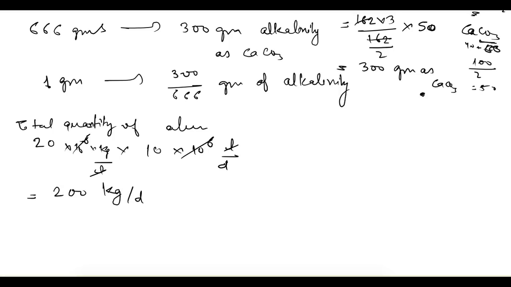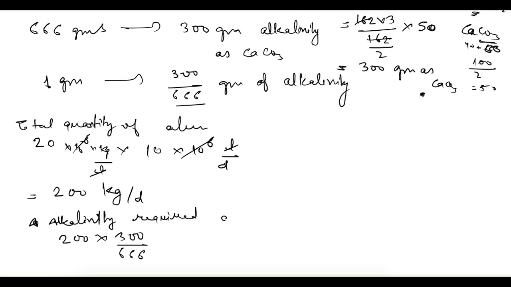Now we can simply multiply this and find out the requirement of alkalinity. So 200 into 300 by 666 will be the alkalinity required as CaCO3.